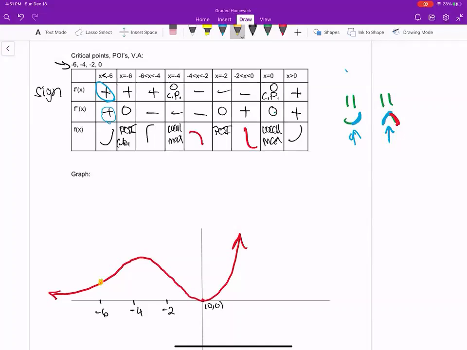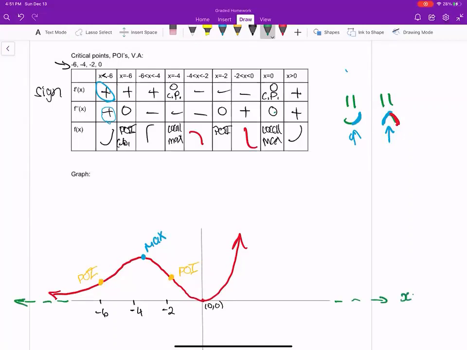Okay, so this is a POI. If you can, write the point as well, but I don't think it matters unless they specify it. This is your maximum. And you should show that you have an asymptote here.